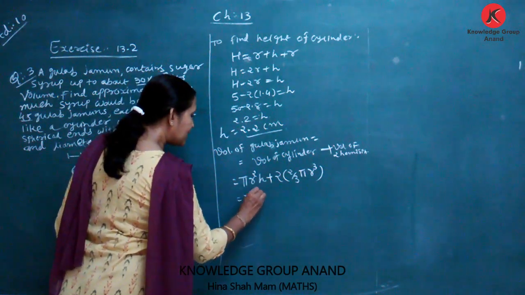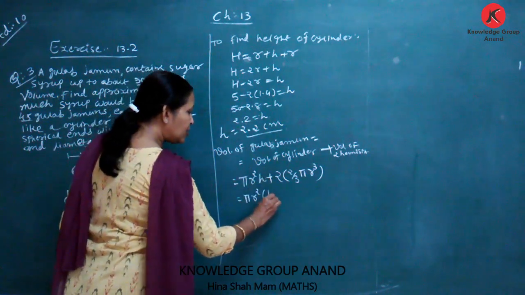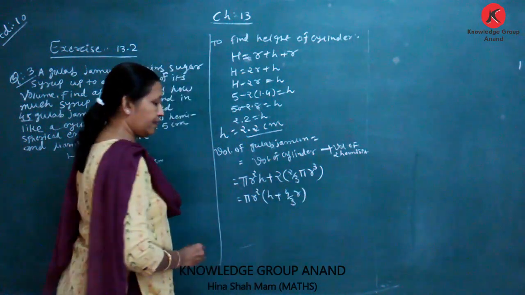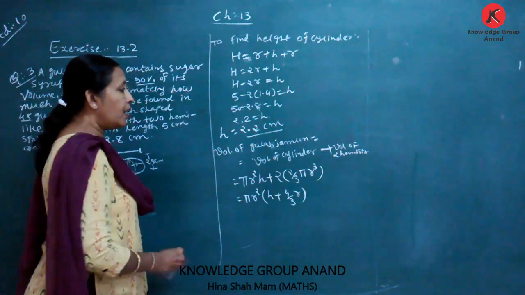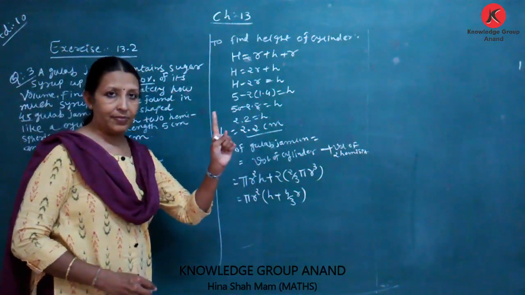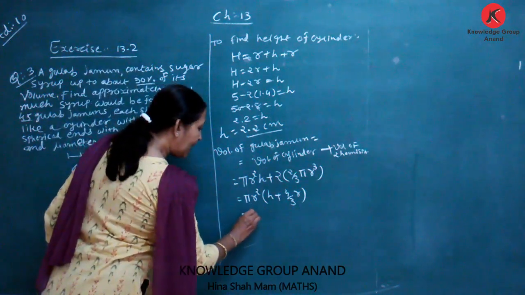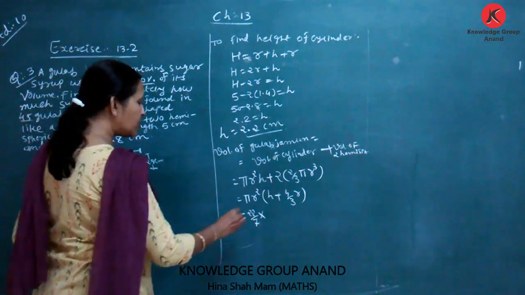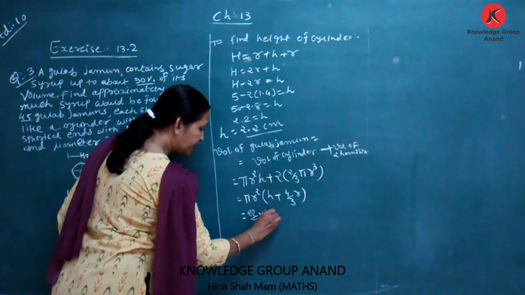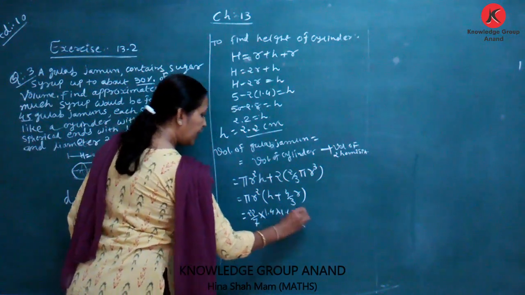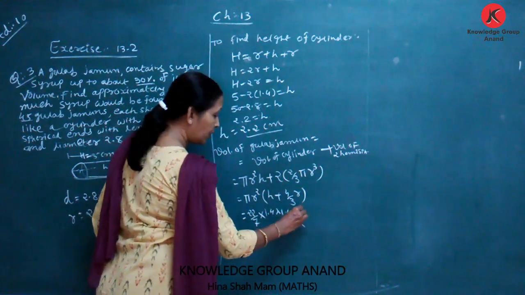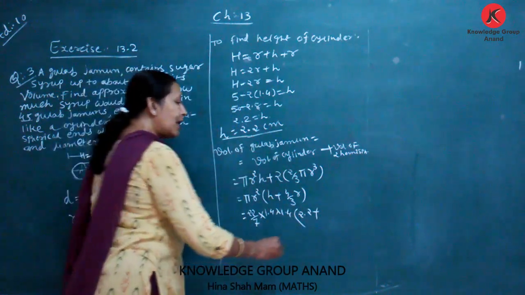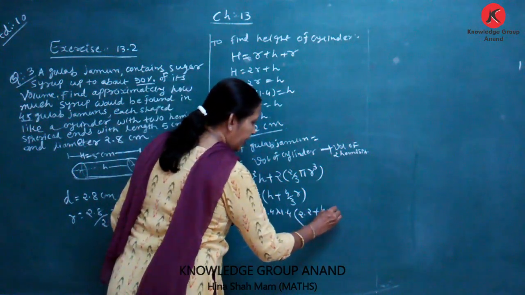Here pi r square is common. Therefore, h plus 2 twos are 4 by 3 r. It is the volume of 1 gulab jamun. Now, pi is equal to 22 by 7. r square, r is equal to 1.4. Multiply 1.4 into bracket, h is equal to 2.2 plus 4 by 3 into r.